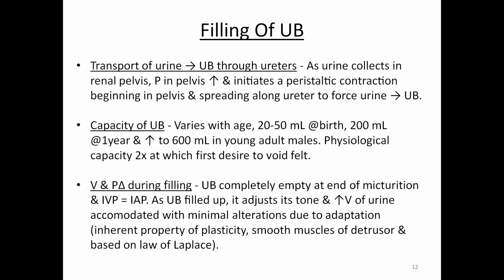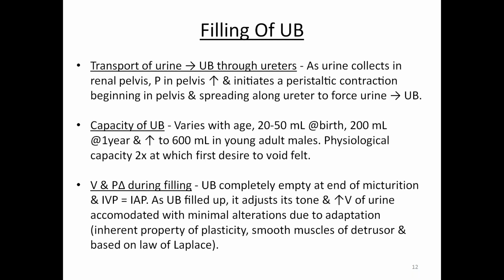This peristaltic wave travels at a velocity of about 3 centimeters per second, occurring from once every second to once every 2 to 3 minutes. The peristaltic wave can move urine against an obstruction with a pressure as high as 25 to 50 mm of Hg.